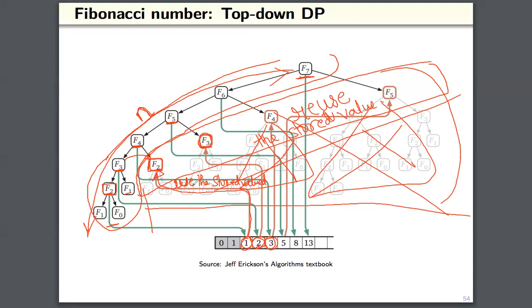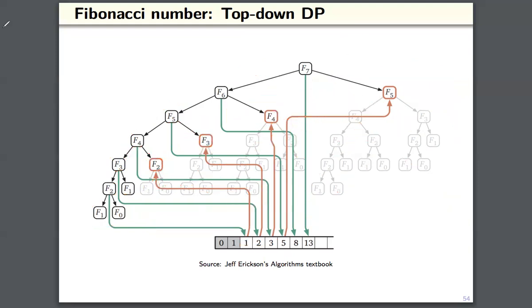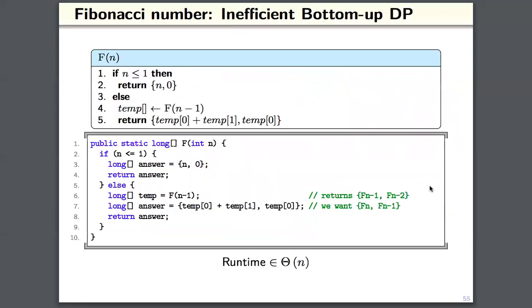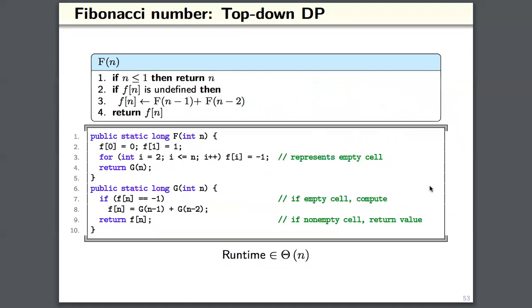The recomputations are cut off. Make sense? That's your recursion tree. This is top-down DP. So what is the complexity? Time N. Space N.